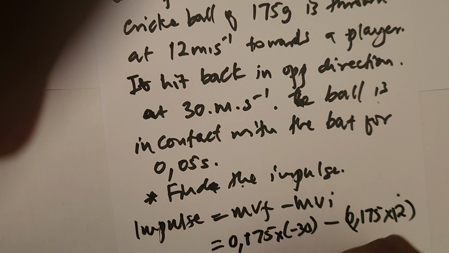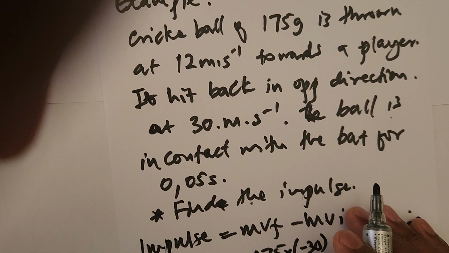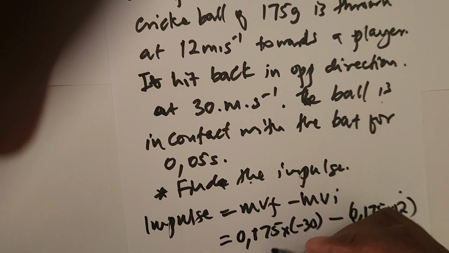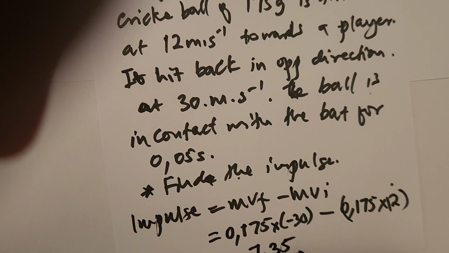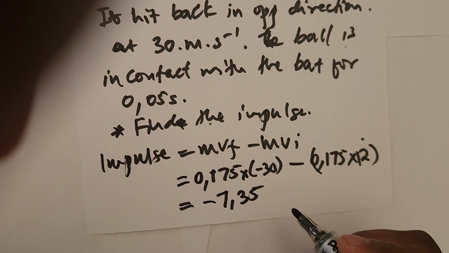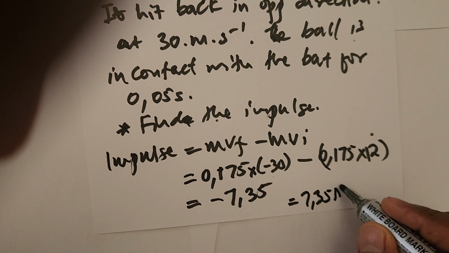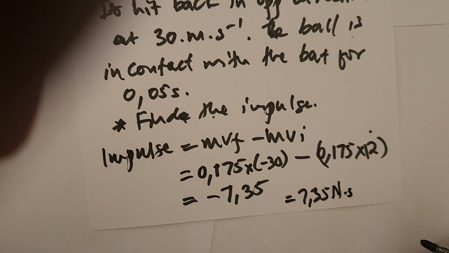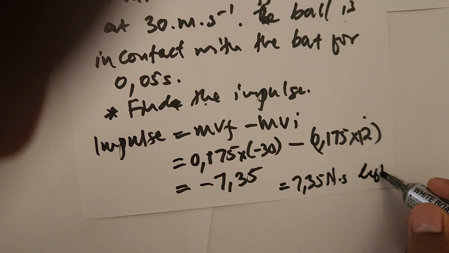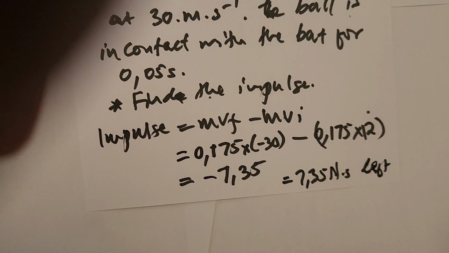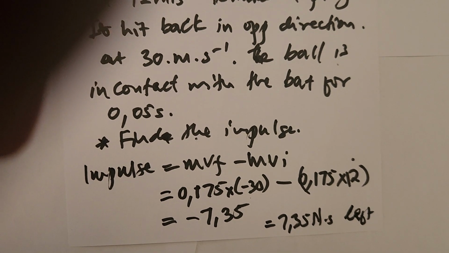You can choose either direction as positive, the other will be negative, because the two directions are opposite. Therefore, it will give us negative 7.35. Because this is a vector, it will be 7.35 newton second or kilogram meters per second to the left or away from the bat.